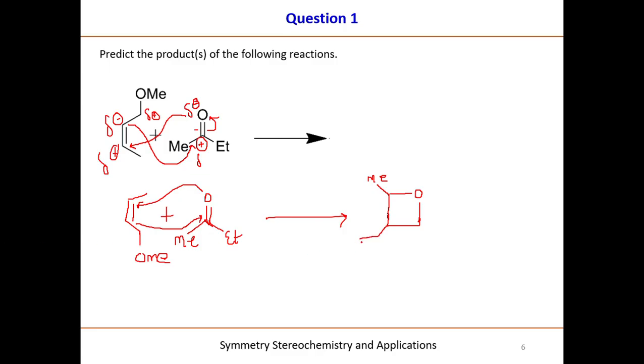This carbon and the methoxy group. Correct? So this is the major product formed in this reaction. Clear? This is a type of 2+2 cycloaddition reaction.